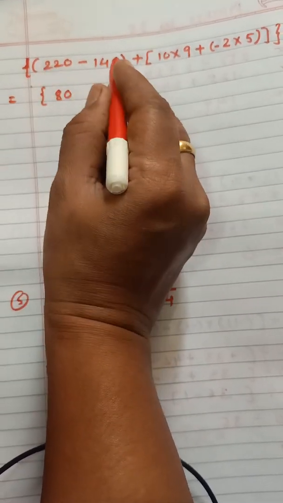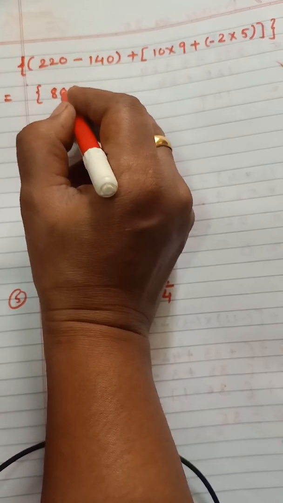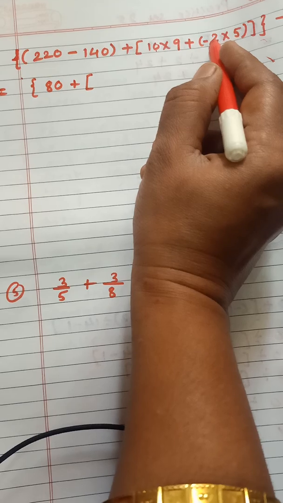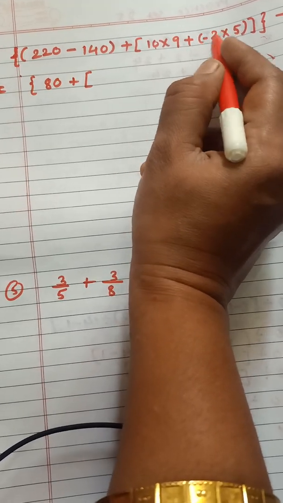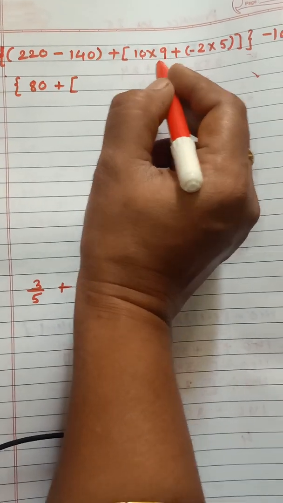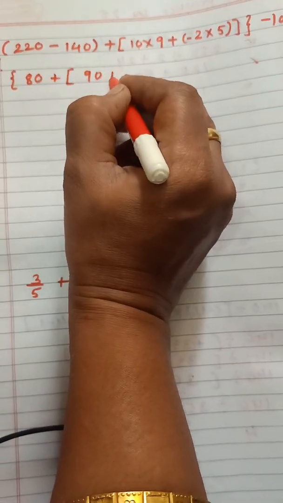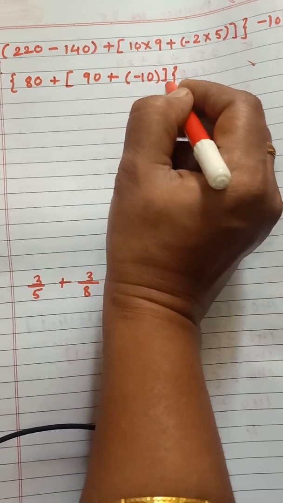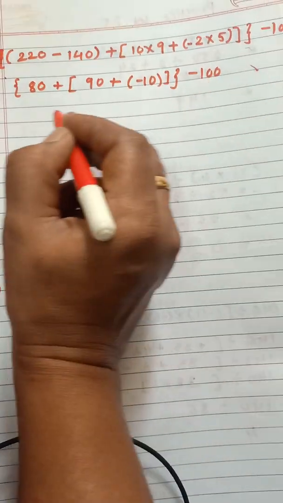Curly bracket: we have solved this bracket, so I'm not drawing that bracket. Plus, in the square bracket, we can solve this bracket and at the same time we can do this multiplication also. So this is 90, plus this is minus 10, minus 100.